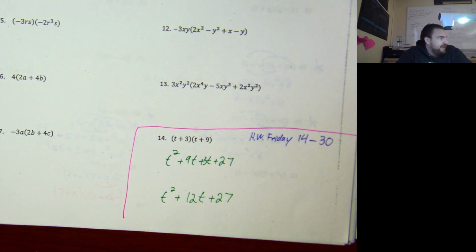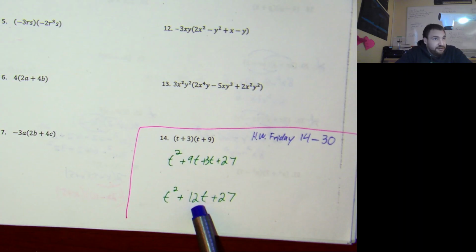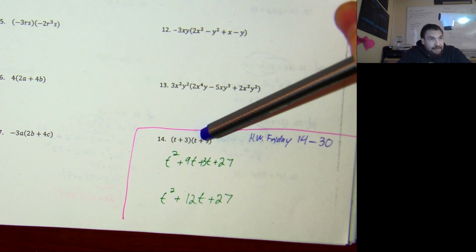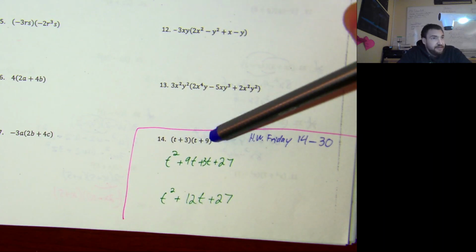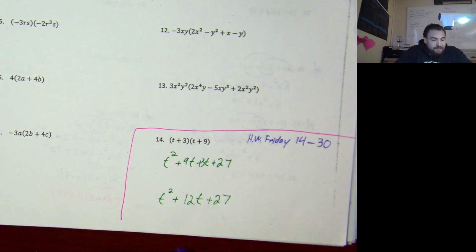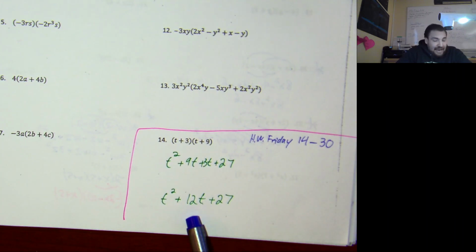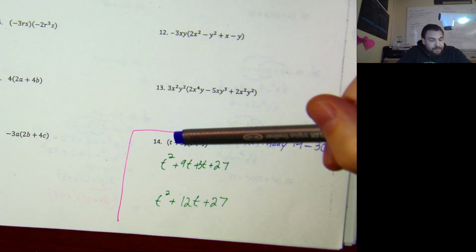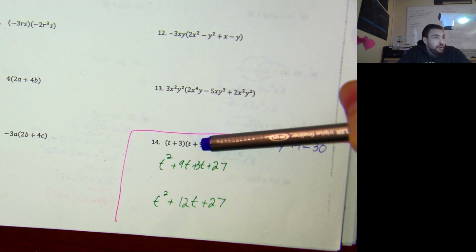Look at what we've got here. How did we get this middle coefficient? By adding the number that came at the end of the binomials, the constant term from the binomials. Adding those two together gave me the middle coefficient. And how did I get the constant term? I multiplied those two constants in the binomials together.